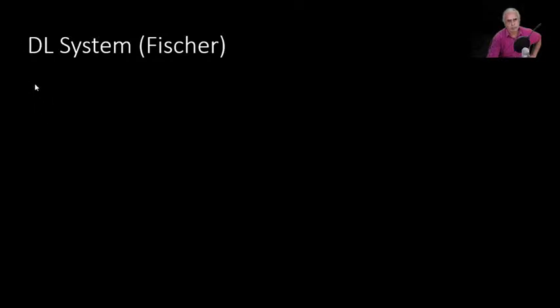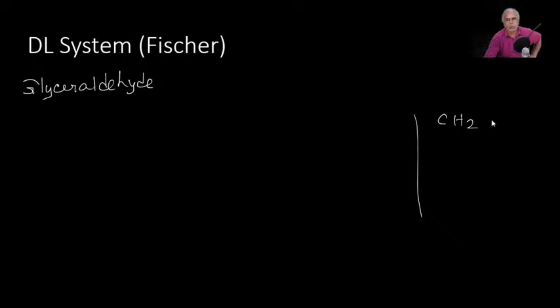Let us consider glyceraldehyde. You know glycerol. What is glycerol? CH2OH, CHOH, CH2OH. So when the first primary alcohol is subjected to oxidation, then it becomes glyceraldehyde.